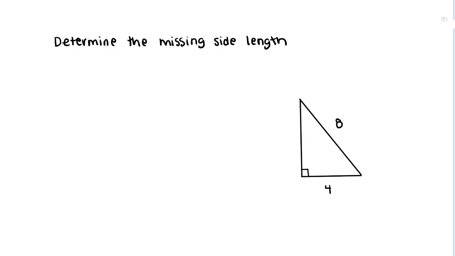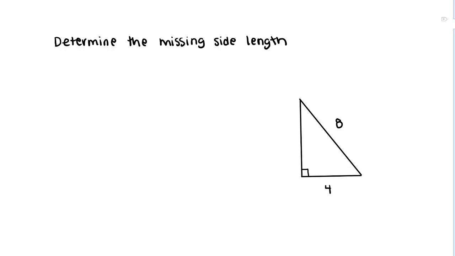Here we can recognize that this is a right triangle because we see that square in that corner. We know one of the angles is 90 degrees, and so it's a right triangle. Let me ask you to pause the video and try to determine this missing side length yourself using the Pythagorean theorem. When you're ready, we can go over this example together.